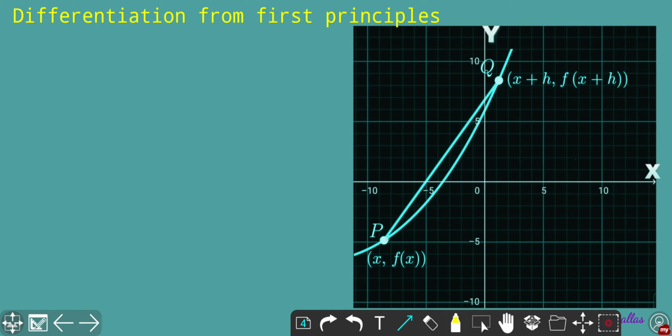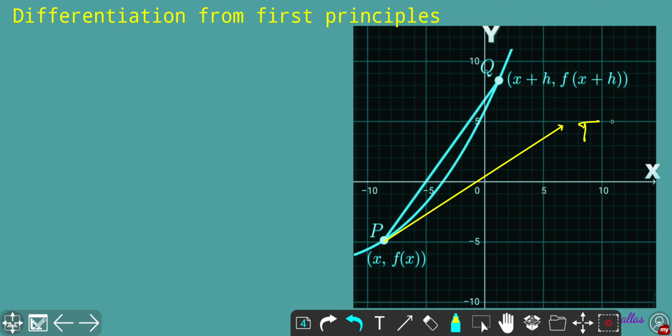So what if you start moving your point Q? Remember we did it in the previous video, we try to approach point Q to the point P just right along the curve, like this. And you understand that the gradient of the initial chord PQ starts decreasing until it actually will be equal to the gradient of the tangent line, right? So I put this T as the tangent line.